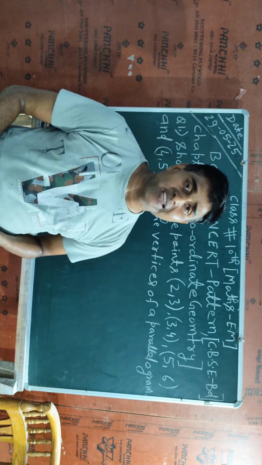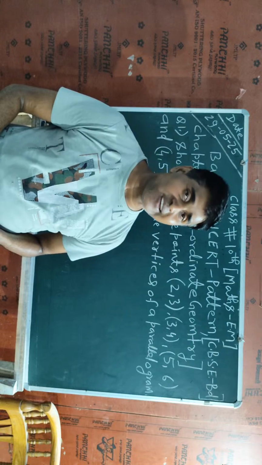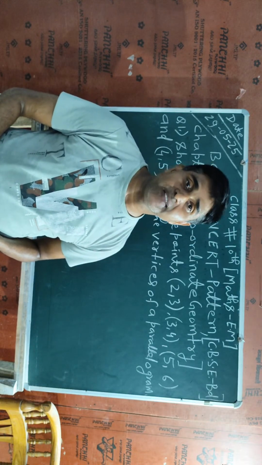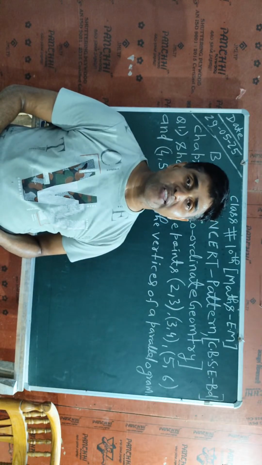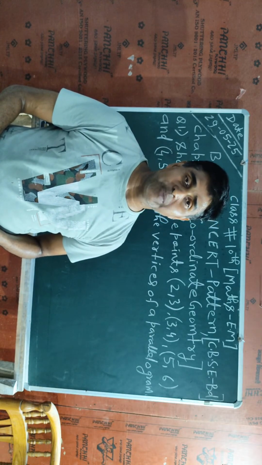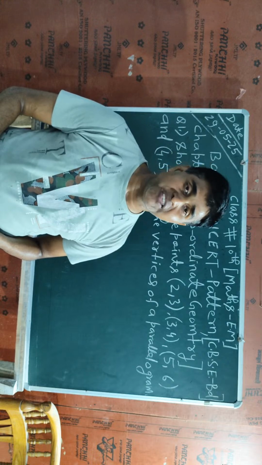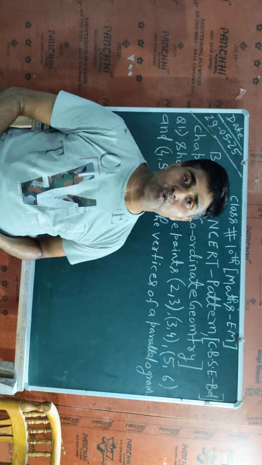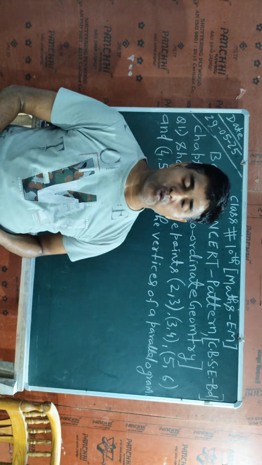In other words, if one point is P and the other point is Q, I can write the distance formula as PQ equals square root of (x2 minus x1) whole square plus (y2 minus y1) whole square.